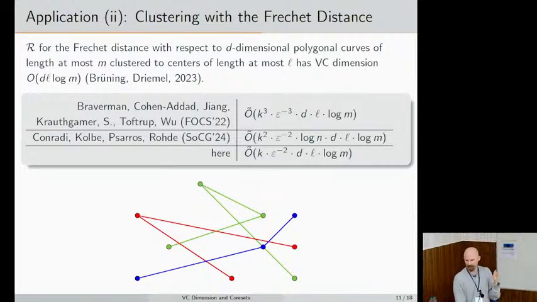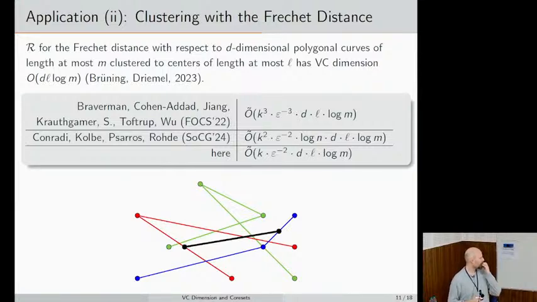In this case, your points are polygonal curves, and your center curve is usually a somewhat simpler curve. The VC dimension depends on parameters like the dimension of the space, the length of the curves, and so on. And here you can also get better results, but a little bit more on that later.